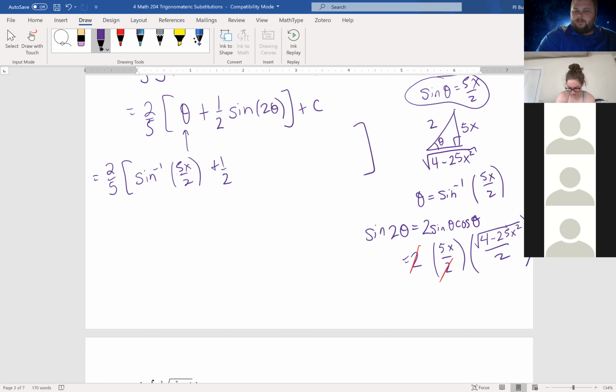So this is 5x times the radical all over 2 plus c. And if you want, you can just make this divide by 4. And I'm pretty happy with that.